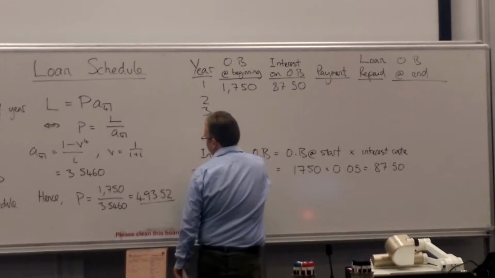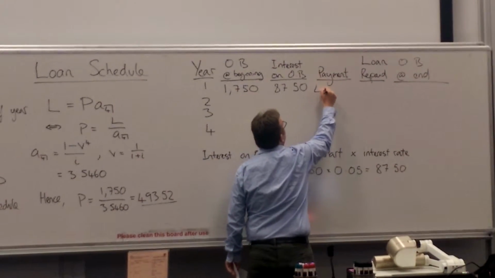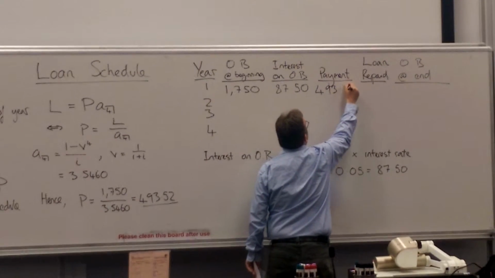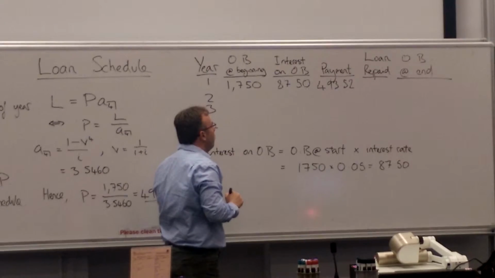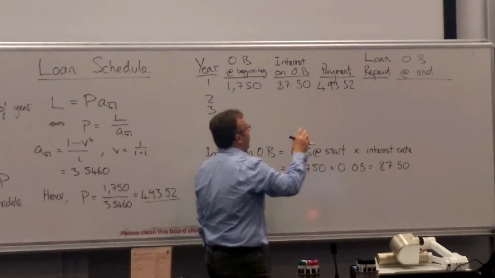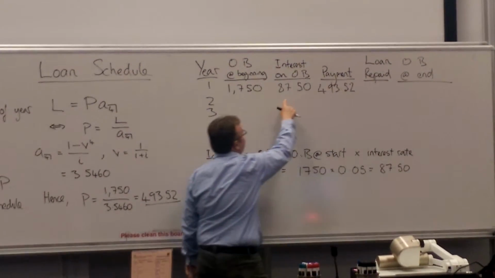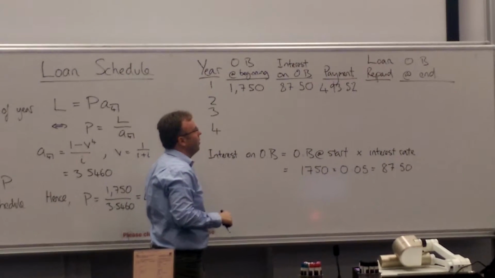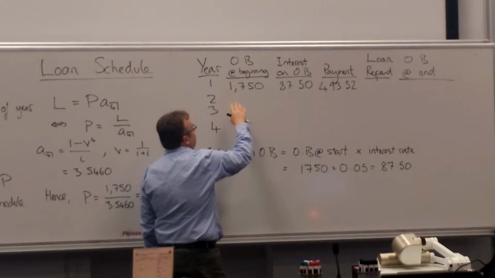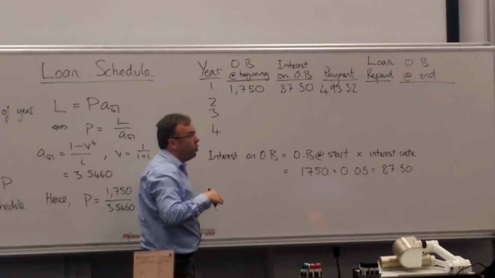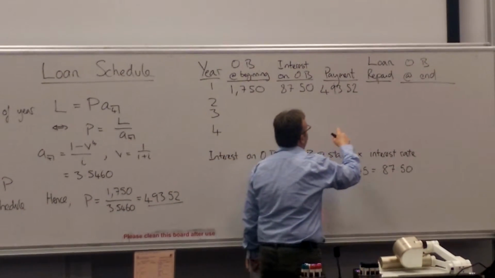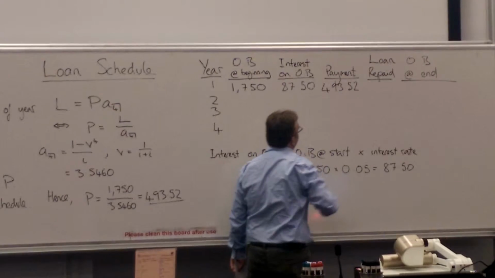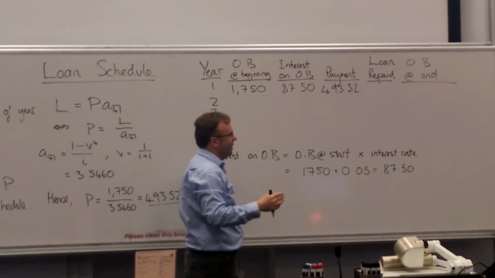Now the payment amount, we've calculated that already, so we know that it's £493.52. Now the loan repaid is the payment less the interest on the outstanding balance. The outstanding balance at the start of the year goes up because of the interest, and so the effective amount that we repay is not the full amount of the payment, it's the payment less the interest.